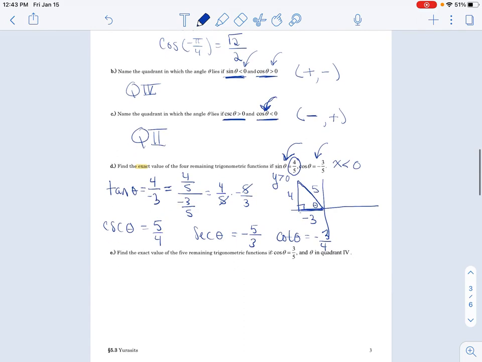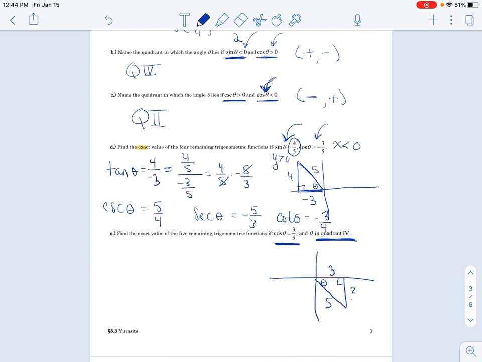The next one, now they want us to find the 5 trig functions because they're only giving us 1. All right, but they do tell us where we should be. So for me, I love me a visual. I'm going to be in quadrant 4. And my definition of cosine is adjacent over hypotenuse. Well, how can you find that missing side length? Yes, it's a right triangle, so it has to be the Pythagorean theorem.